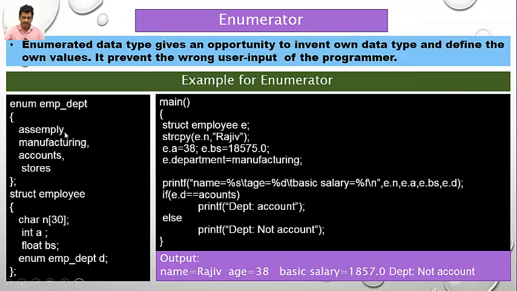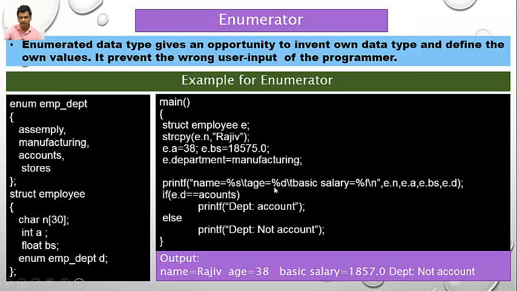Internally it is treated as 0, 1, 2, 3, so the compiler internally assigns 1 for manufacturing. So manufacturing is assigned to E dot d. It is valid. If we try to assign a value other than these 4, a value that is not within the group, it will give an error.